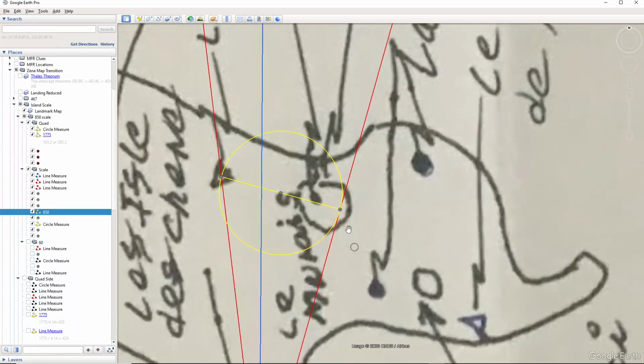Another interesting thing about this is that if we look at this little lightning bolt clue, it points to the center where this line crosses the north-south line. So we put a dot there, and the only thing I can think of to do is to draw a circle around that.